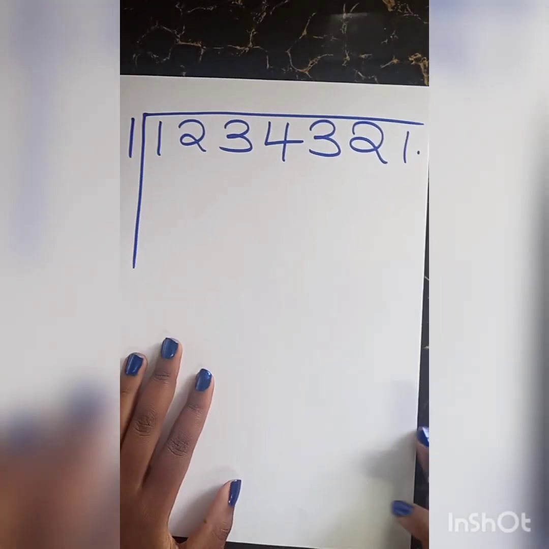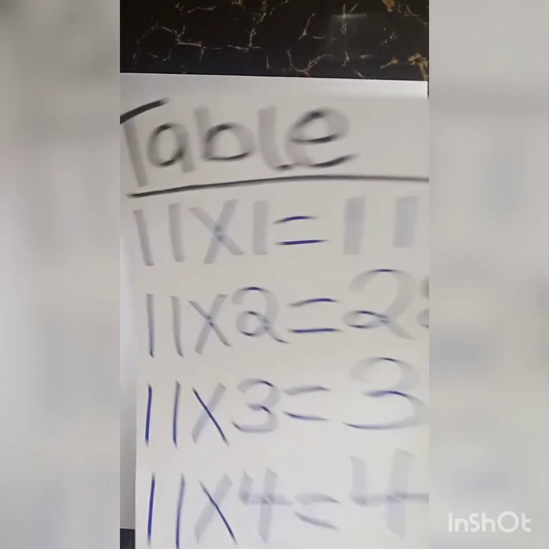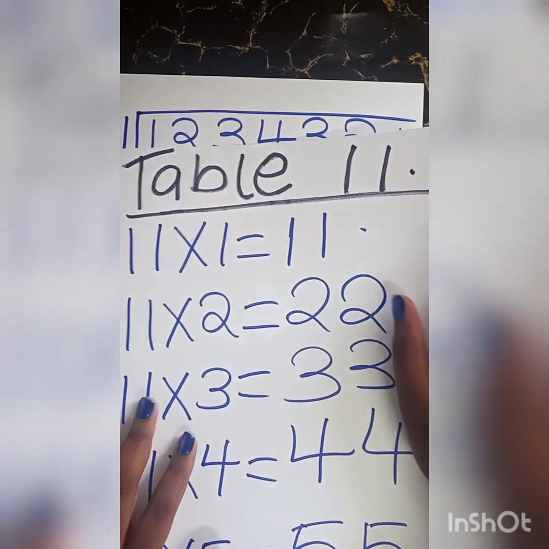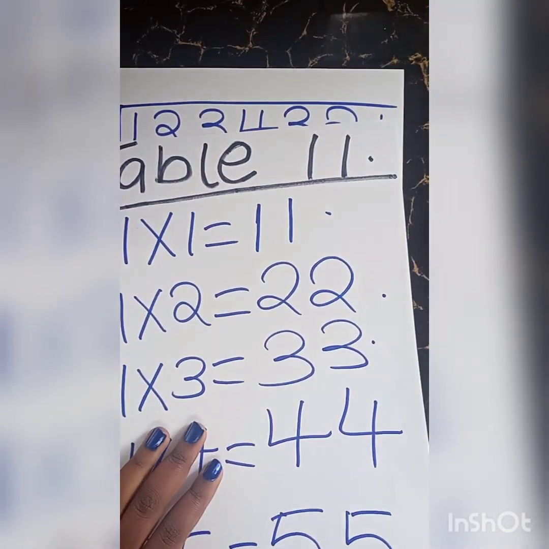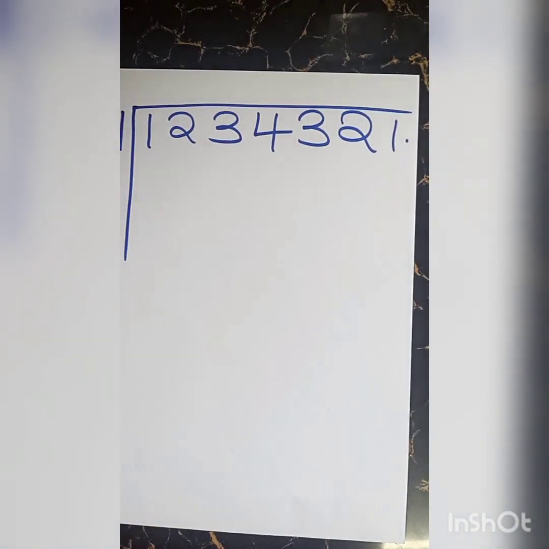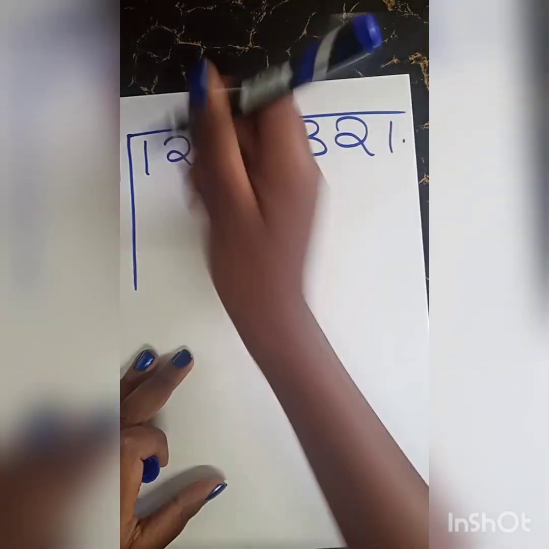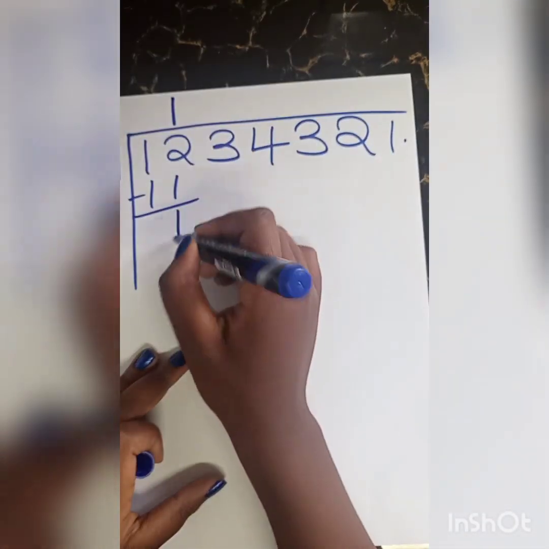So, how many times does 12 divide 11? 12, as you can see, is in between 11 and 22. So that means that we'll write a 1 here because 11 is less than 12. 1 times 11 is 11. 2 minus 1 is 1.